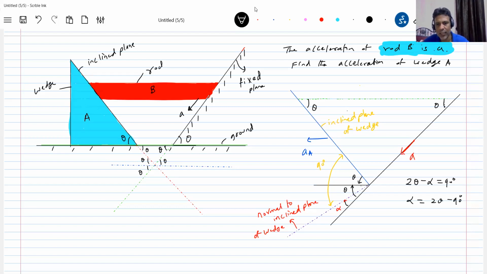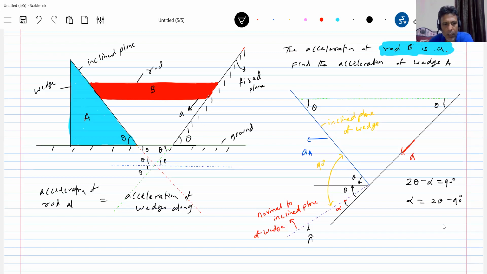So what are the equations? I'll write down the equations now. Acceleration of rod must be equal to acceleration of wedge along, I'll call this n cap, some unit vector.